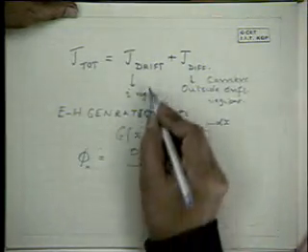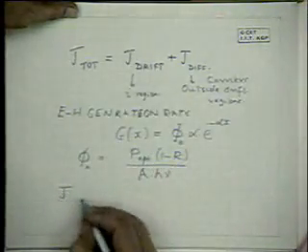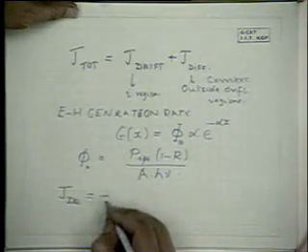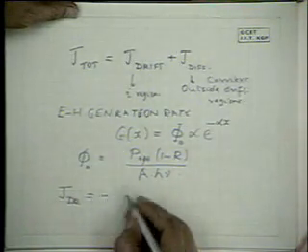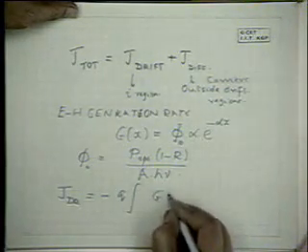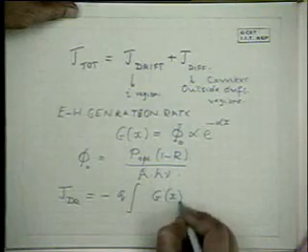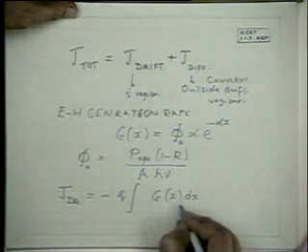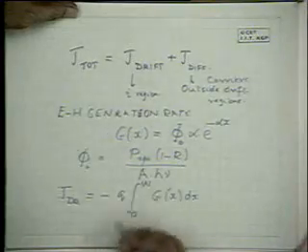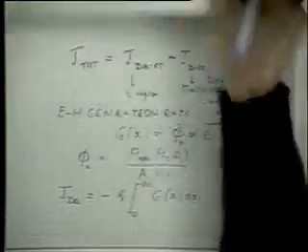So what is the drift current? That is the current due to this generation G(x) dx, which takes place within the width of the drift region. I should take the coordinates here.